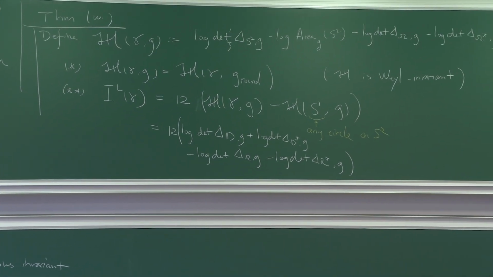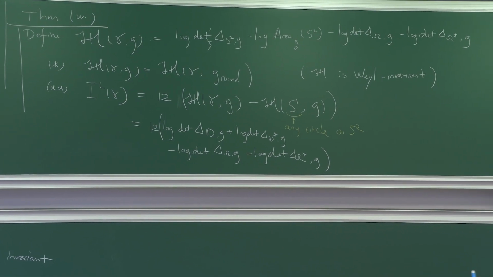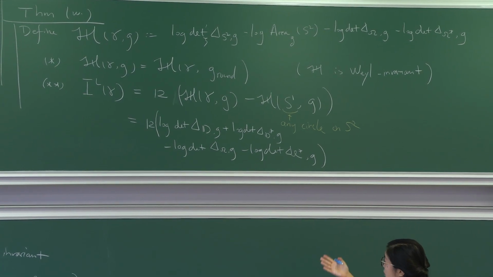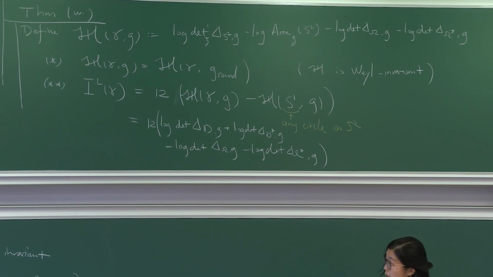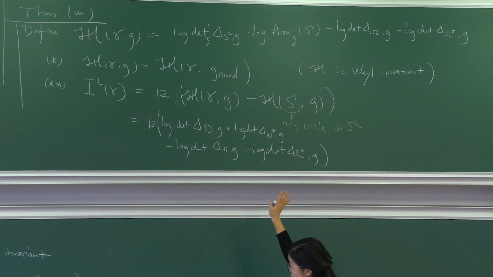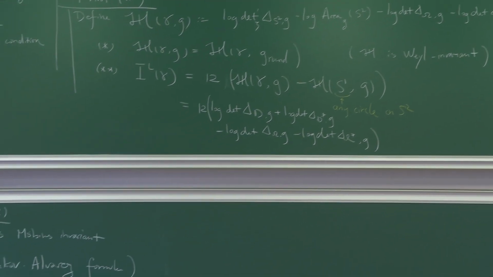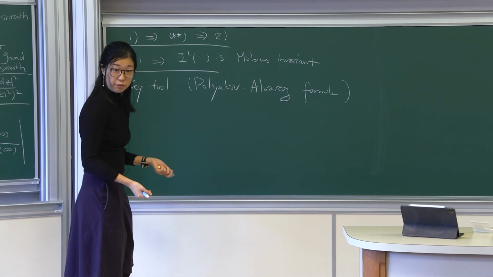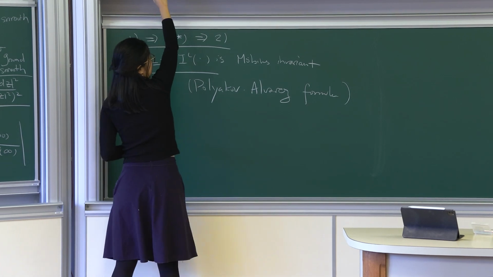I will come back to it later, to also give you a more conceptual way to think about this determinant of Laplacian by interpreting it as a Brownian loop measure. But for now, let's just assume that these things are well defined, and this Polyakov-Alvarez formula just tells me how I can compare two different determinants of Laplacian if I change my metric by a conformal scaling, a Weyl scaling.